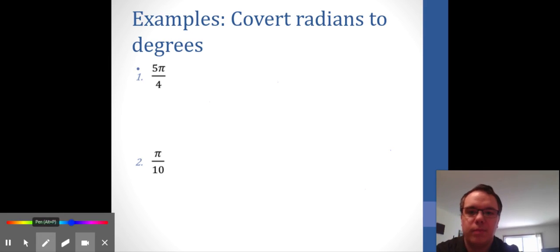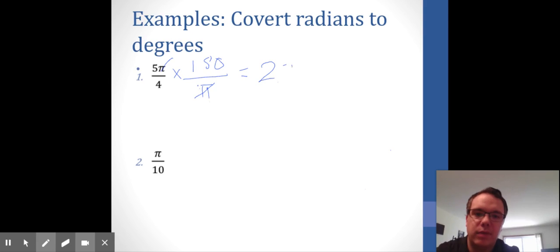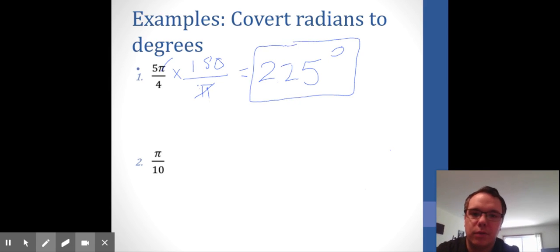So to change 5 pi over 4 radians to degrees, I'm going to multiply by 180 over pi. And if I do that, my pi's will cancel out. And if I take 5 times 180 and then divide it by 4, I am left with 225. And so that is 225 degrees.